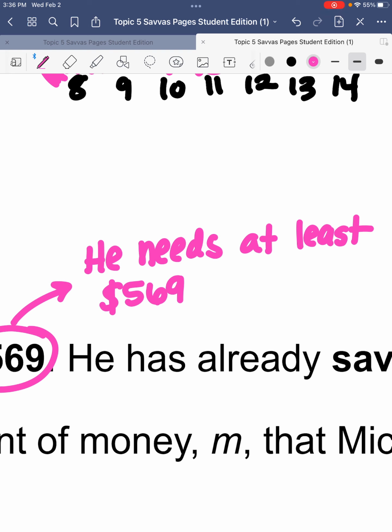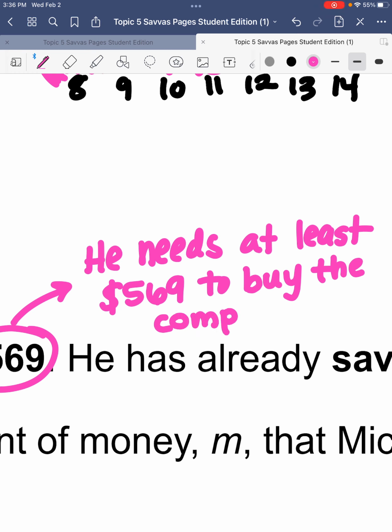$569 to buy the computer. And when I think about it this way, I've got a key phrase. That key phrase is at least. Was that on our reference sheet yesterday? Yeah, it was. Greater than or equal to goes with that sign or that phrase. So I want you to think of that sign when you see that phrase.